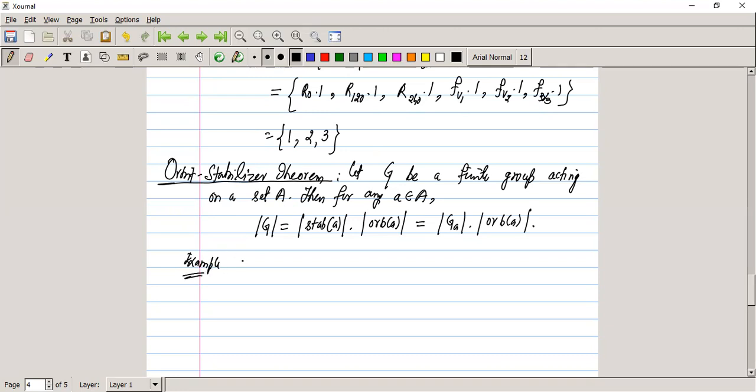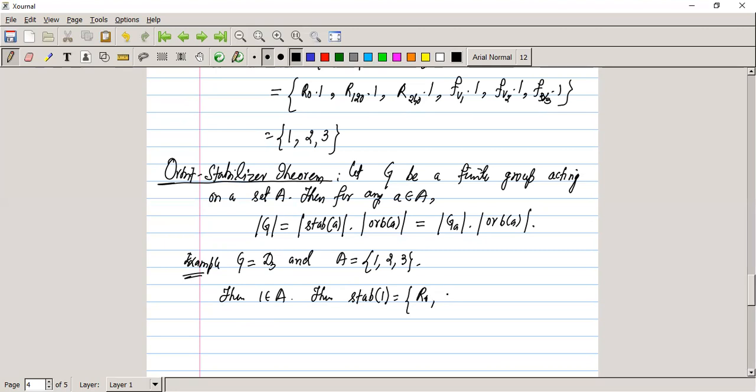Example, since we have already seen that if suppose our group G is equal to D3 and the set A is the set {1, 2, 3}, then we choose, let's say, 1, then 1 belongs to A. Then the stabilizer of 1, as it was computed earlier, is the two elements from D3.